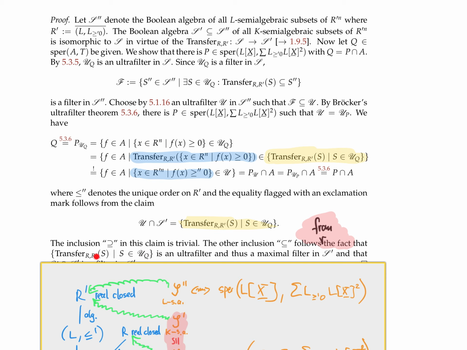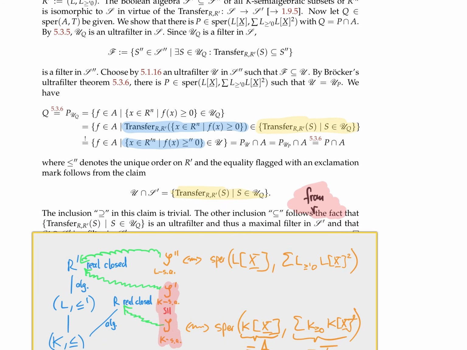That an ultrafilter in the Boolean algebra is prime, obviously, since UQ is an ultrafilter in S, and thus it's a maximal filter in S prime. Maximal and ultra is the same, right?